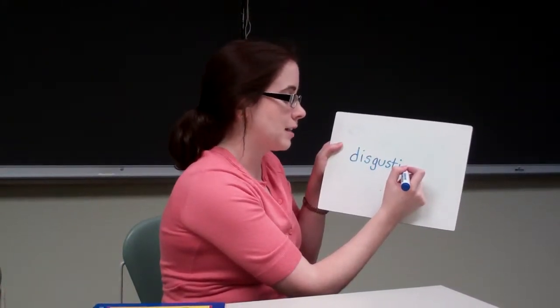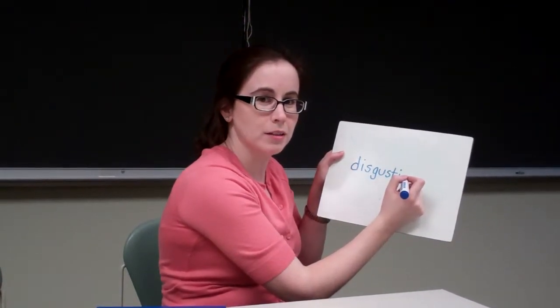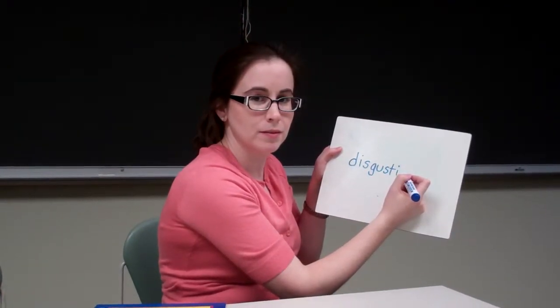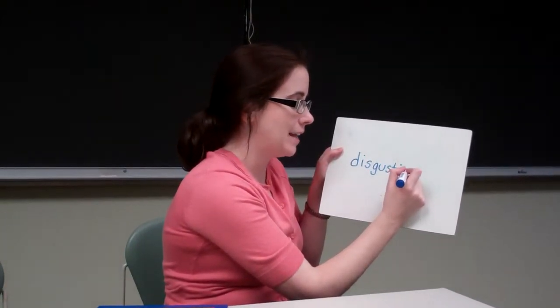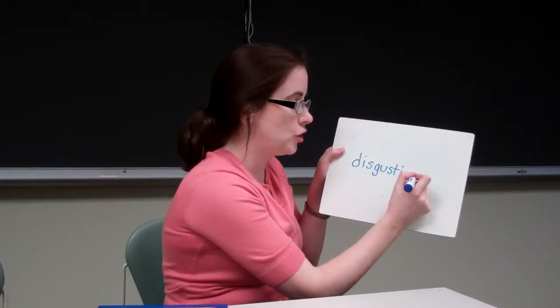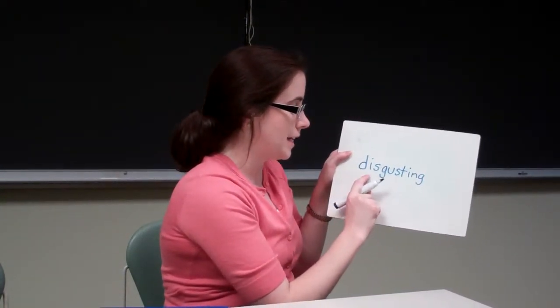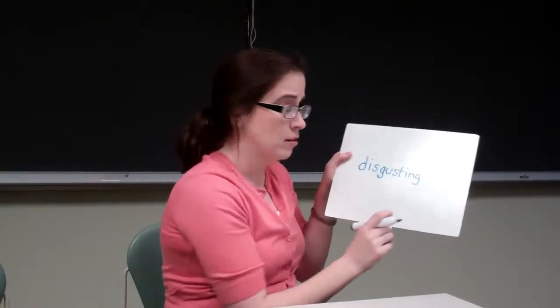Now we need to do the next letter, which makes an N sound. Do you know, Heather? R. It almost sounds like an R, but it's a lowercase n for our friend Nancy. And the last letter is a G. So we had dis, gust, ing. We just sounded out that whole word together.